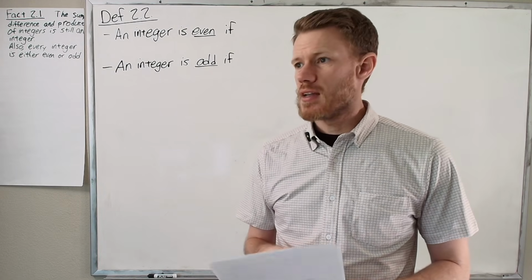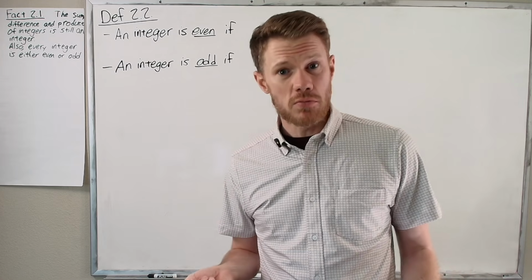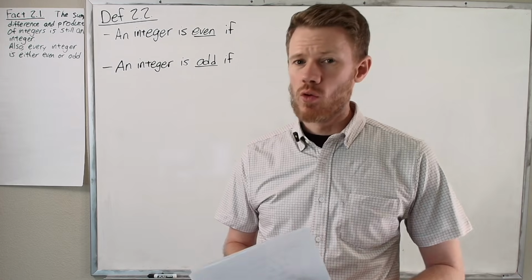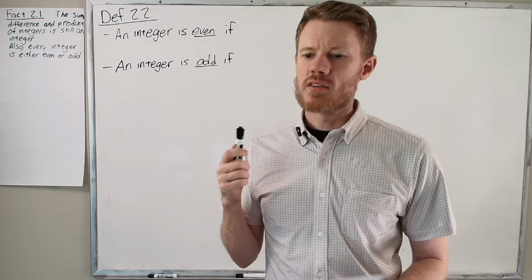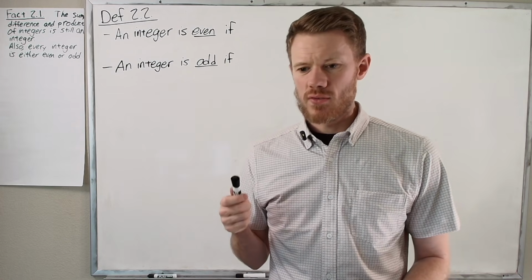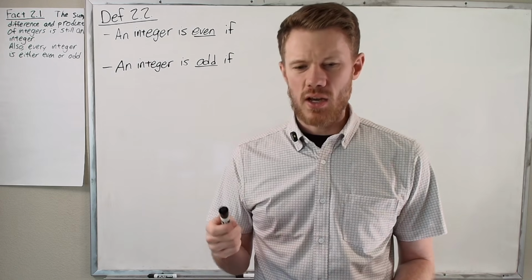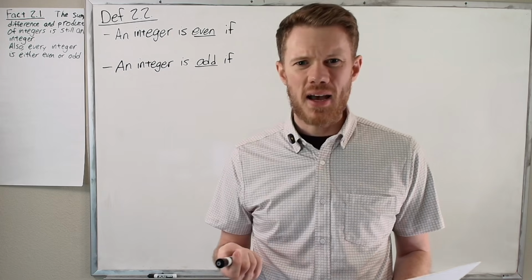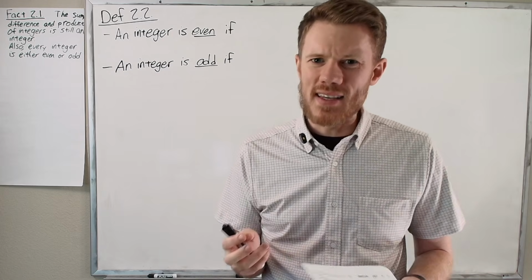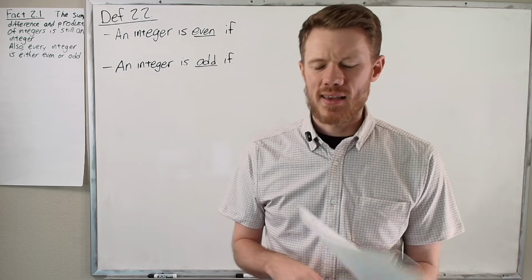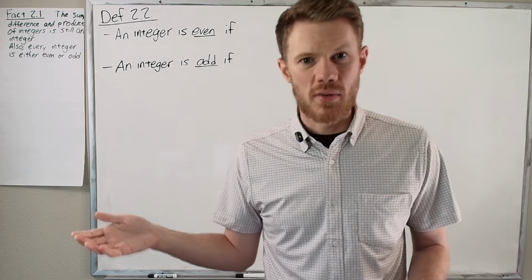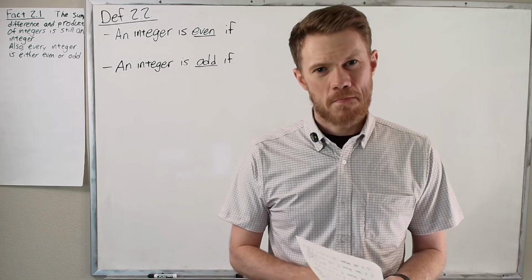Many options. You might have said a number that's divisible by 2. That's a pretty good definition, and our definition will be similar to that. But saying something's divisible by 2 sort of says that in order to know it's even, you have to check a property. You have to divide by 2 and see if you get an integer back. It's not quite as easy to work with as saying a number is even if it is 2 times some other integer.